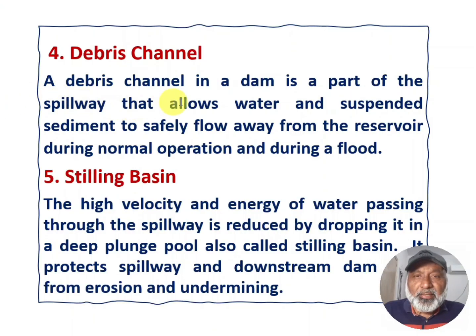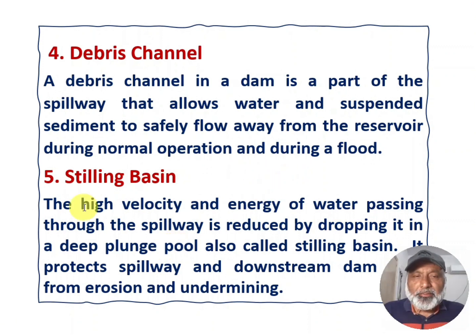A debris channel in a dam is a part of the spillway that allows water and suspended sediments to safely flow away from the reservoir during normal operation and during a flood.